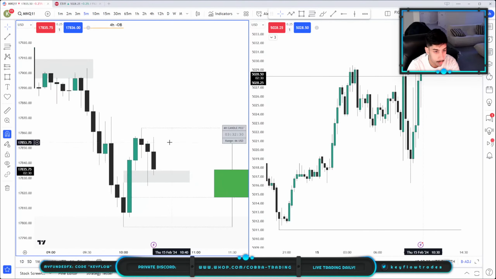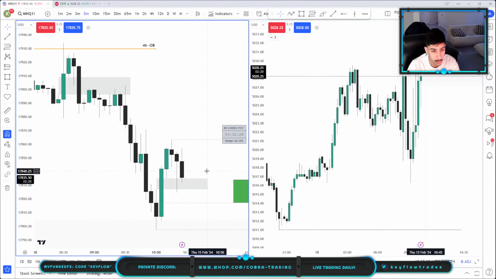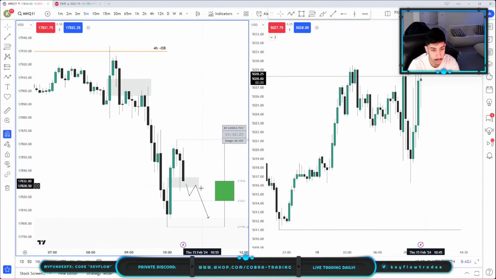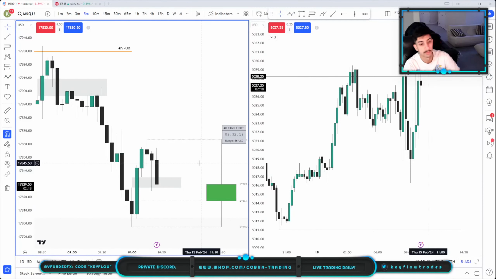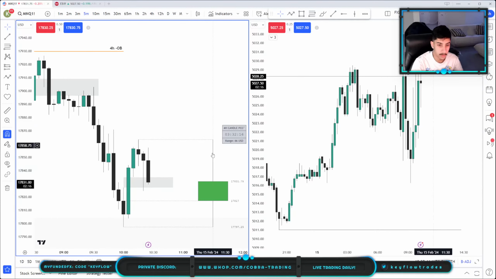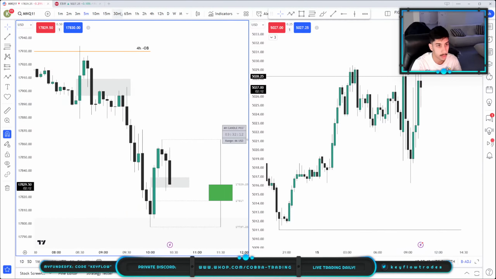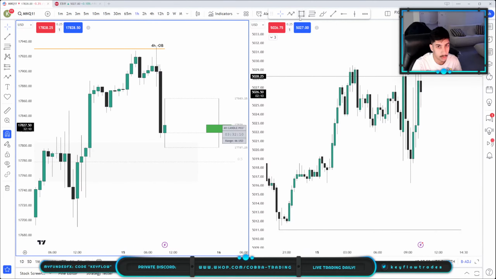What I'm going to do, I'm not participating long anymore. I just want to see if this inverses. This is the only thing that would make sense now. This wick here is more than likely the manipulation leg into this breaker.